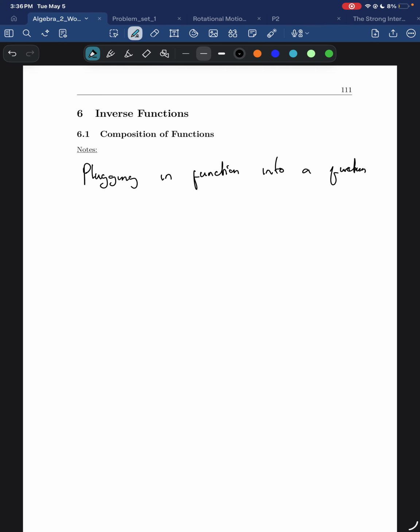So, for example, if I have f of x equals 2x plus 3, and I want to get the value at a particular x value, let's say x equals 1, this means I have to replace x with 1 everywhere I see x.